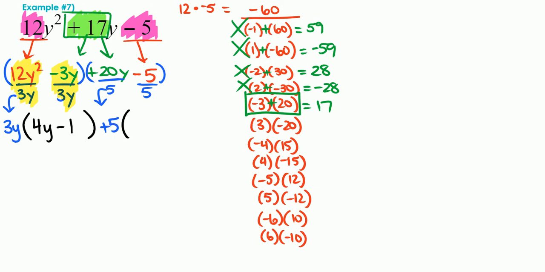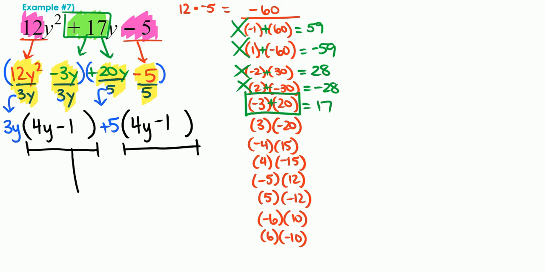Now setting up a new set of parentheses, I'm going to divide out that 5. So I have 20y divided by 5. Well, 20 divided by 5 is 4, and then I still have y there. Moving along, I have -5 divided by +5. That will give me -1. Remember, you're on the right track if those parts inside that set of parentheses match.